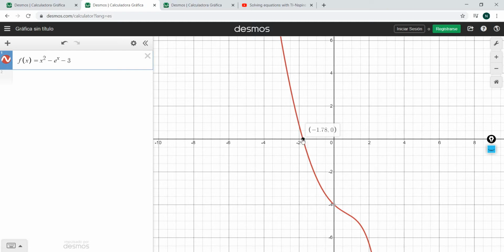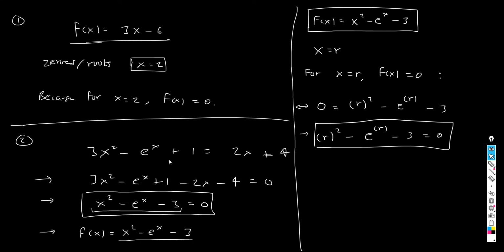Therefore, this particular number is the solution to my equation, which is this one. Okay, minus 1.78. If I input in this equation minus 1.78, like so, minus 1.78 squared minus e to the minus 1.78 minus 3, I'm going to get 0 or something extremely close to 0.